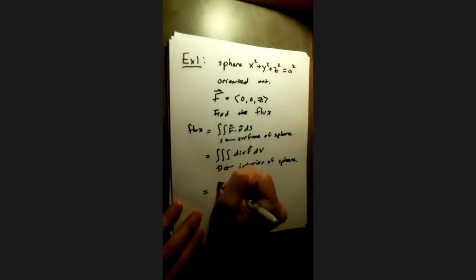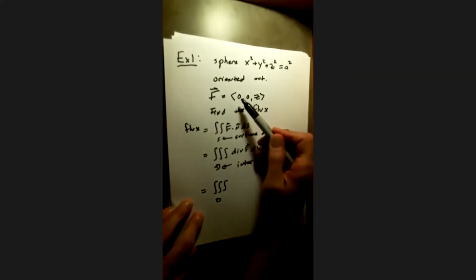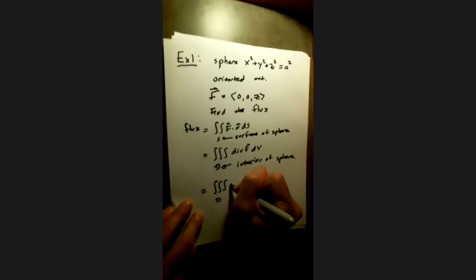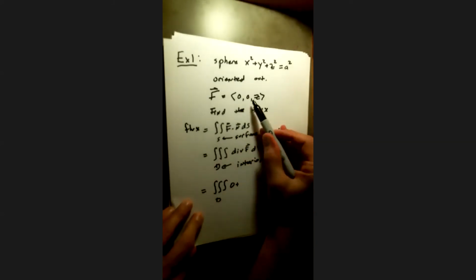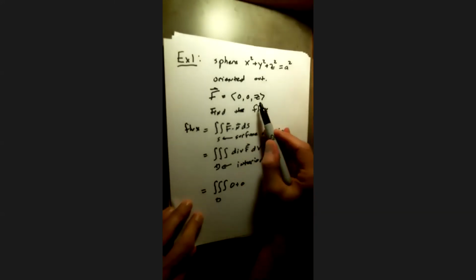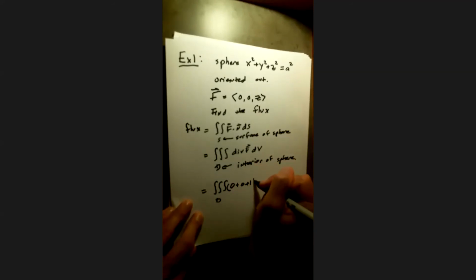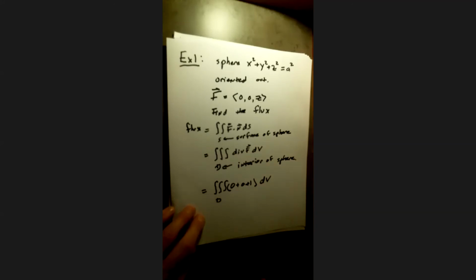So this will be the triple integral across our region of the divergence of F. So that would be partial with respect to x of 0, which is 0, plus partial of 0 with respect to y, which is 0, plus partial with respect to z of z, which is 1, dv. So 0 plus 1 is pretty close to 1.